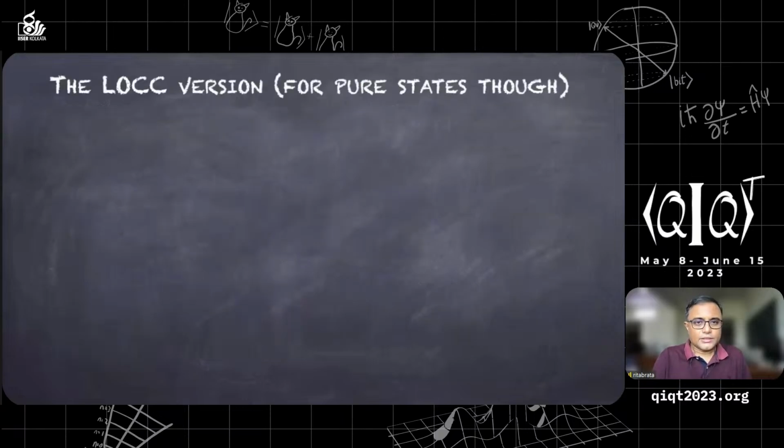So now what did we do? When we looked at this problem, we thought let us ask this question for the LOCC version. There are reasons, as you see, that LOCC is operationally more restrictive, and in several cases LOCC can be much more complicated even when the mathematical structure is well known.